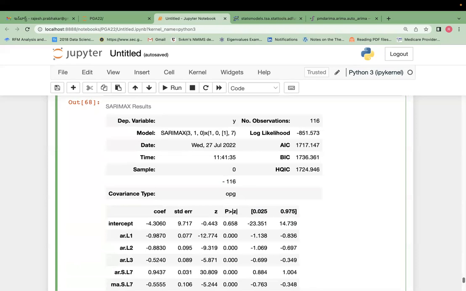Okay. Because see, the auto ARIMA in pmdarima will have a difference between Mac and Windows. So that thing will be slightly there, but not a big difference. It will be a small difference only.